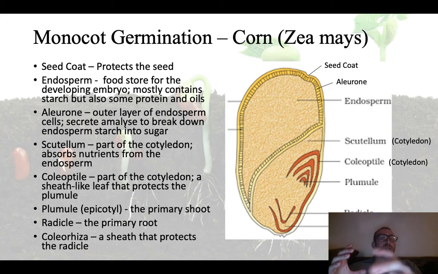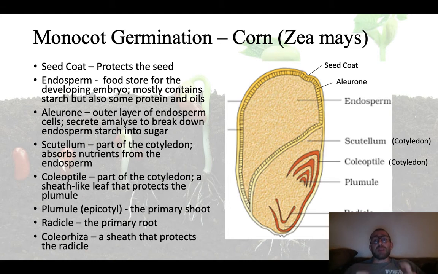Now, I should mention our monocots are our grasses, right? They are our grasses, our cereal grains, some other flower species as well. Orchids are monocots. But if you think of monocots, you're going to tend to think of your grasses, so all of your grains.